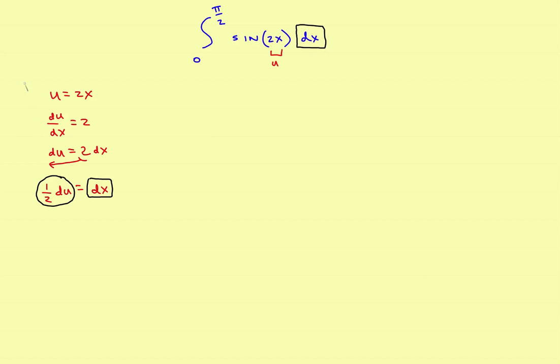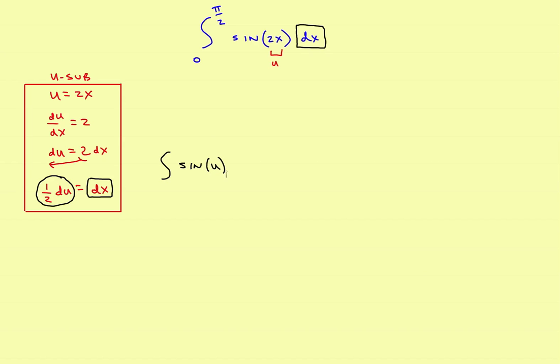So again, we'll isolate it. And that is the U-substitution. So what that does, it changes the problem into this. The integral, this would be the sine of u, and in place of dx put what it's equal to, which would be 1/2 du.